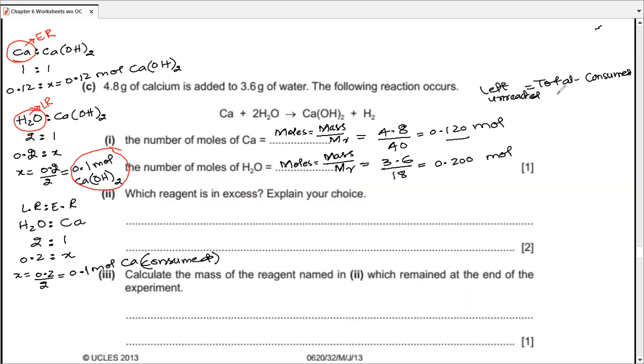And this left unreacted, since we have 0.12 moles at the start of the question, and the third part tells us that we have used 0.1 out of that, so the answer is 0.02 moles. 0.02 moles of calcium would be left unreacted at the end of the whole experiment.